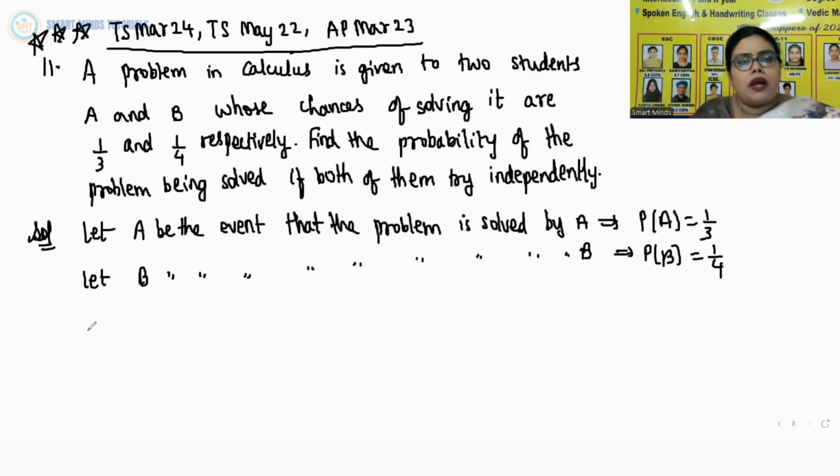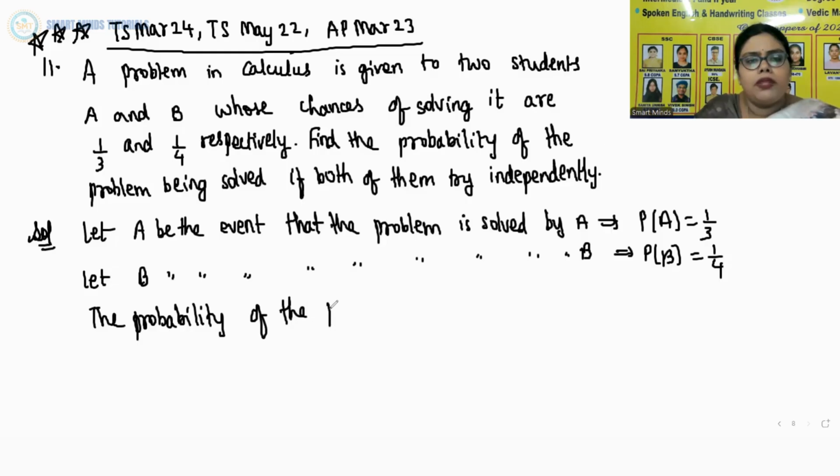Now, to find the probability of the problem being solved, when is the problem solved? If either A solves it or B solves it. Yes or no? So the probability of the problem being solved. If either A solves it or B solves it, the problem is said to be solved, right?